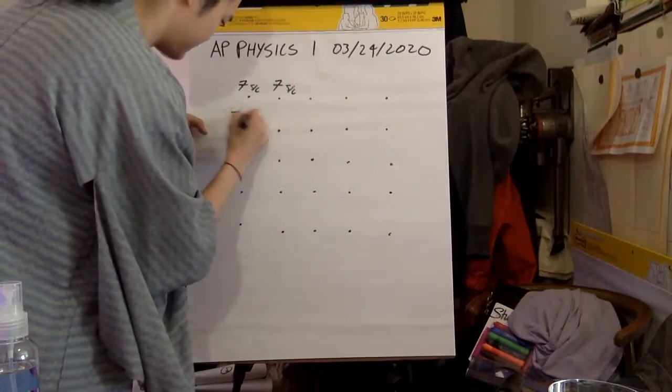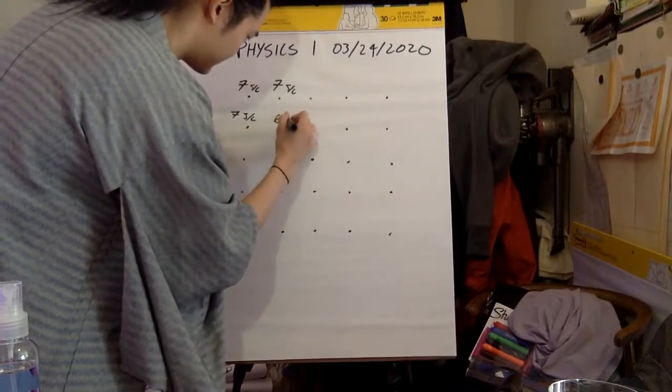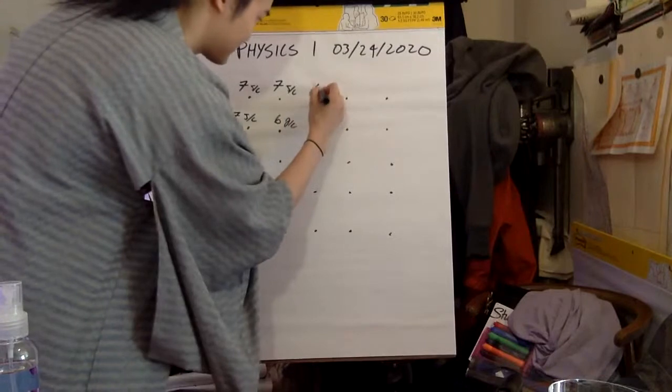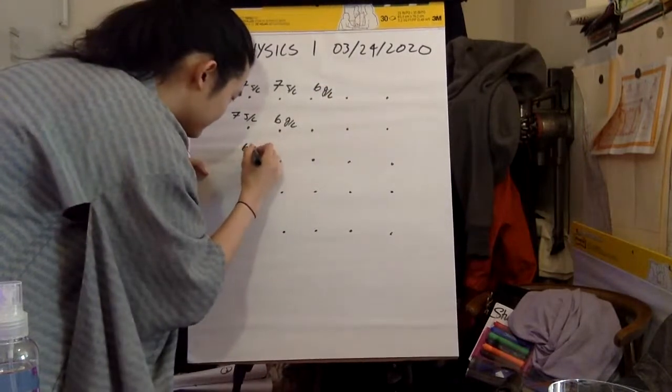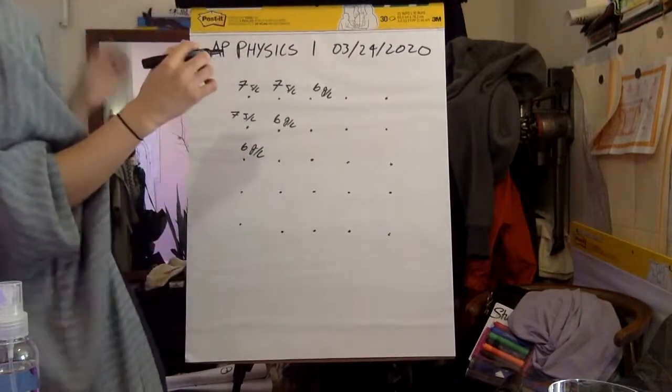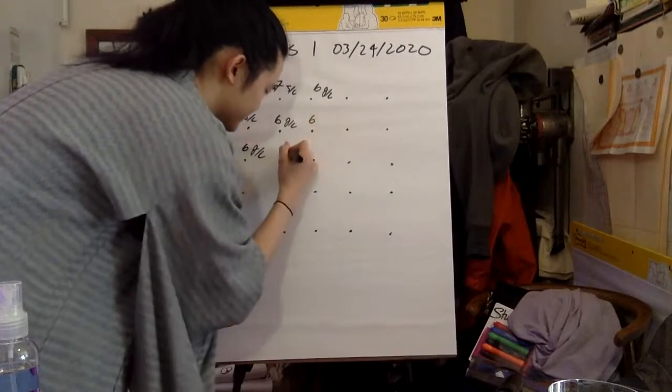This will also be 7 joules per coulomb. This will be 6 joules per coulomb, 6 joules per coulomb, 6 joules per coulomb. And why don't we here also make it 6 and 6.